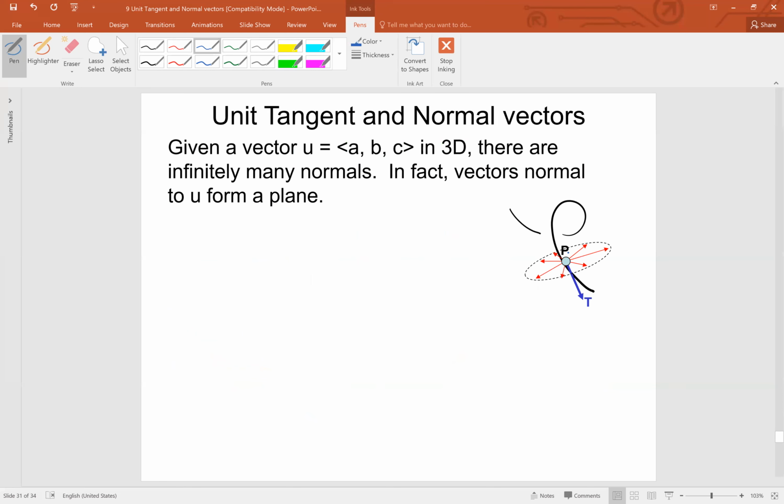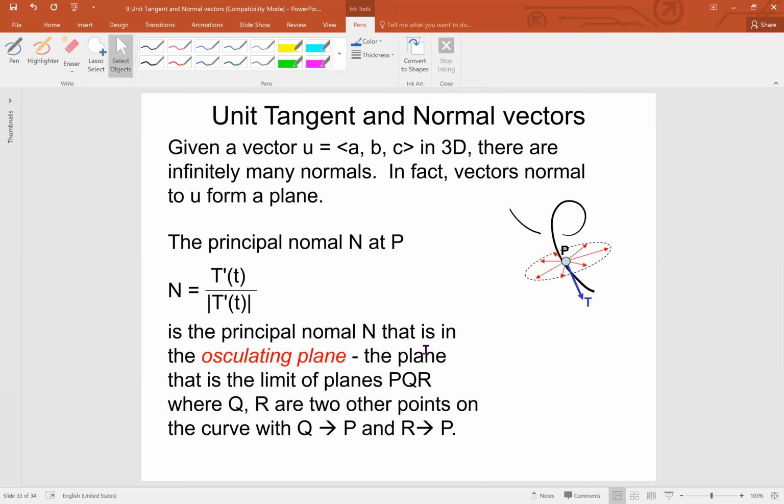I have this tangent in space, and the plane that's perpendicular to the tangent, and any vector on that plane is perpendicular to T, could be normal. So if I go through the derivative of the unit tangent, which unit normal do I get? Which one in this plane is the unit normal? You could calculate it, and that turned out to be very interesting.